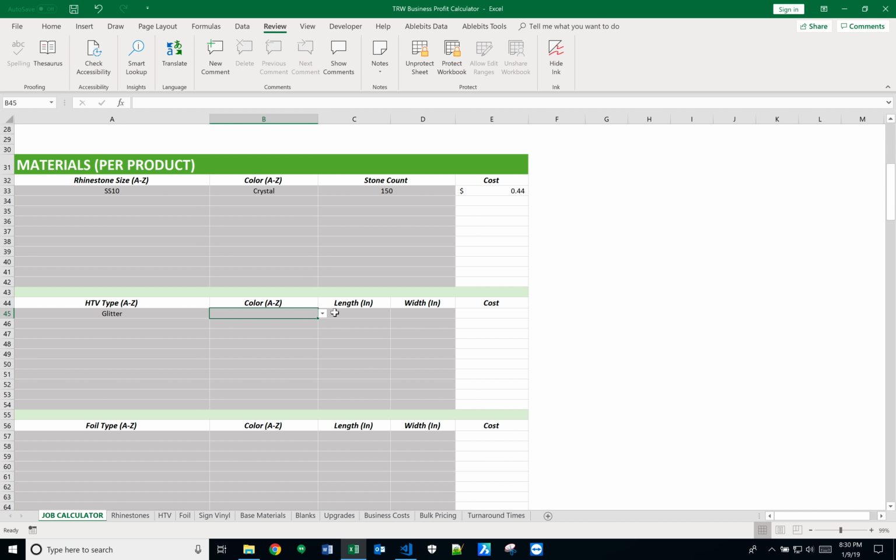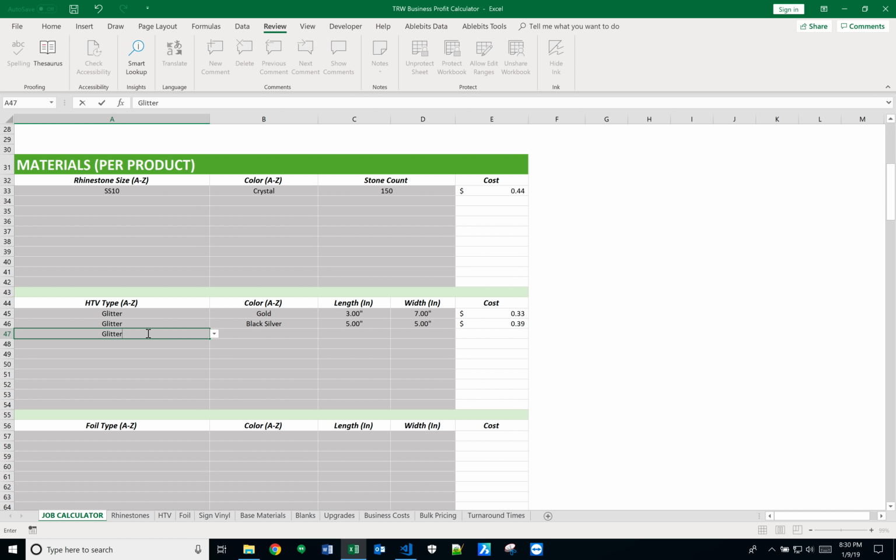And we'll do gold and dimensions. Again, this is just going to be the material used for one shirt. So we'll say 3 by 7. And you can see the cost is 33 cents. Let's do glitter, black, silver. Let's say that's 5 by 5 of material.